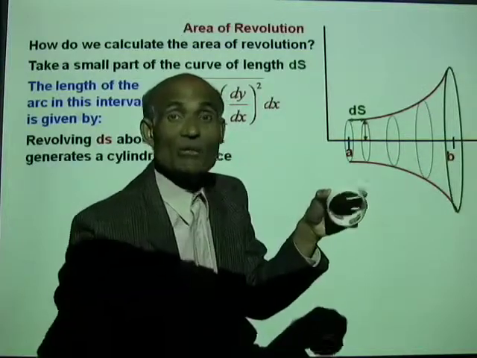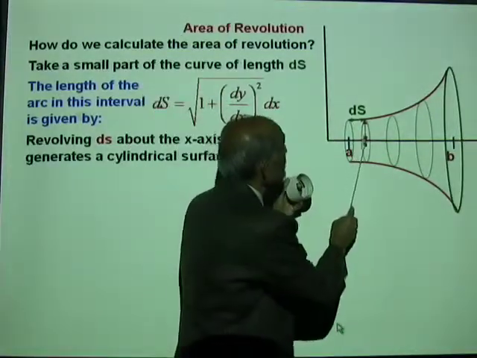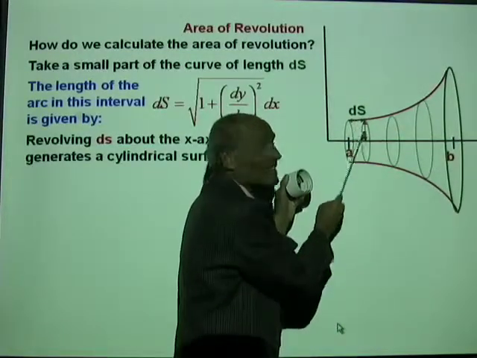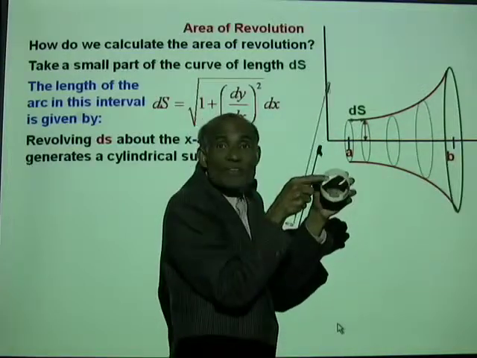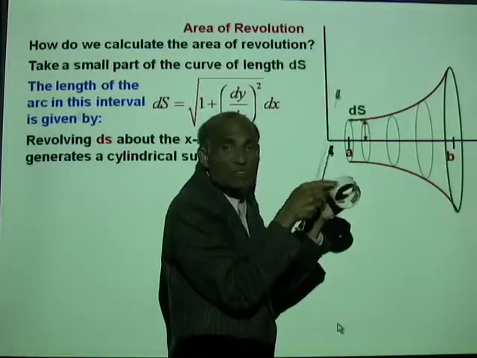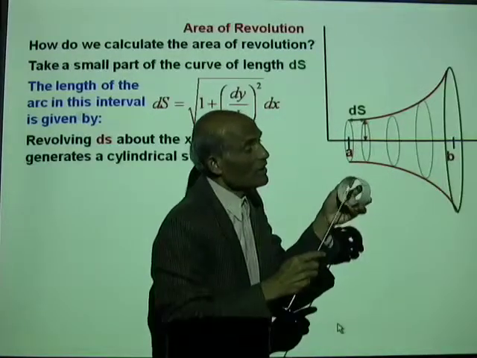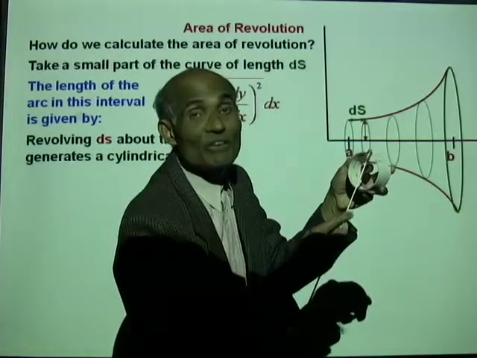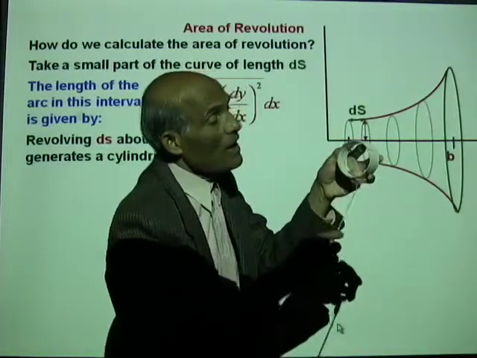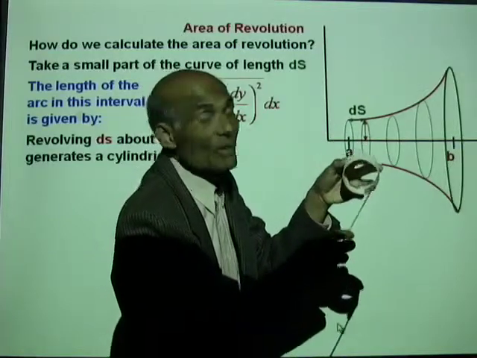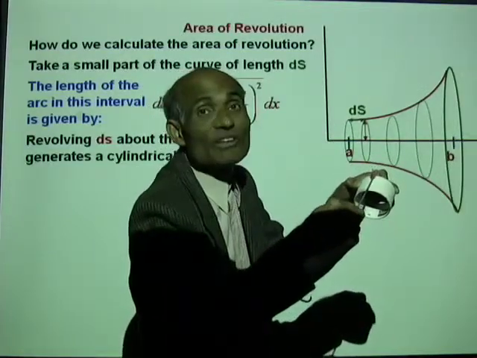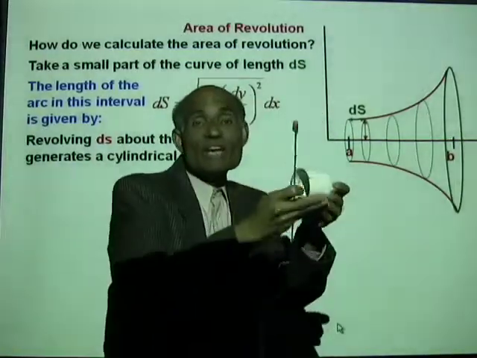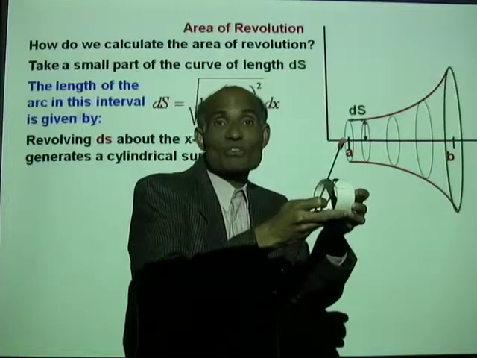Now here, what is the radius? If you look here, the radius of that ds is this length, which is f of x. And the thickness of the cylinder is ds. So if the radius is r of x, a function of x, then 2 pi r of x is the circumference, multiplied by ds, will give you the area of this cylindrical surface.